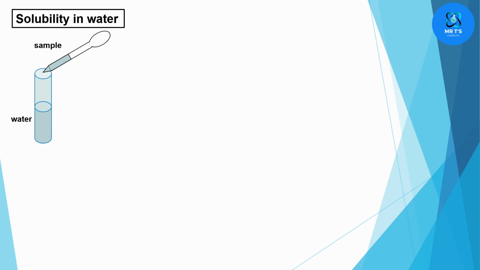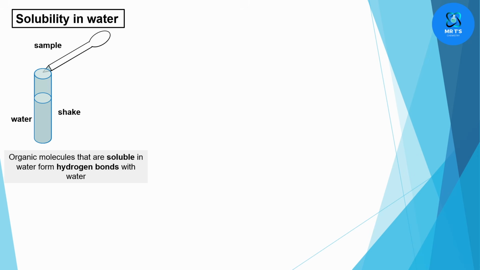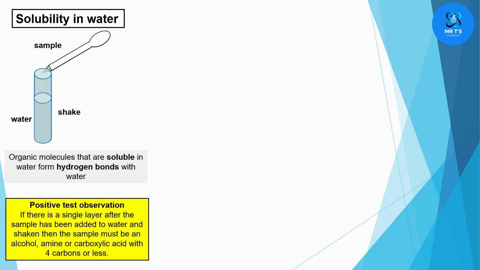So we take some water and we add the sample to it, and then once we have these two in the same test tube, we give it a shake. And if what's in the test tube only forms one layer, then it's because this molecule is soluble, and it's because it forms hydrogen bonds with water.